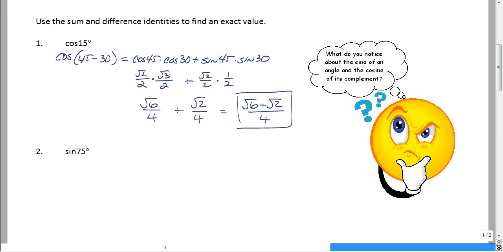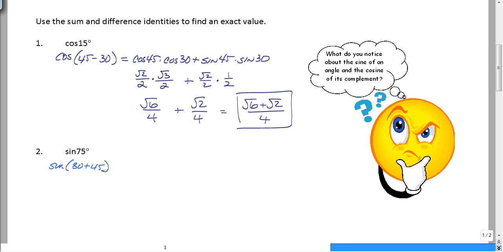So sine of 75. Why don't you think about that for just a second and see if you can set up the formula. Let's see what we do. The sine of 75 could be the sine of 30 plus 45. That will give us 75.